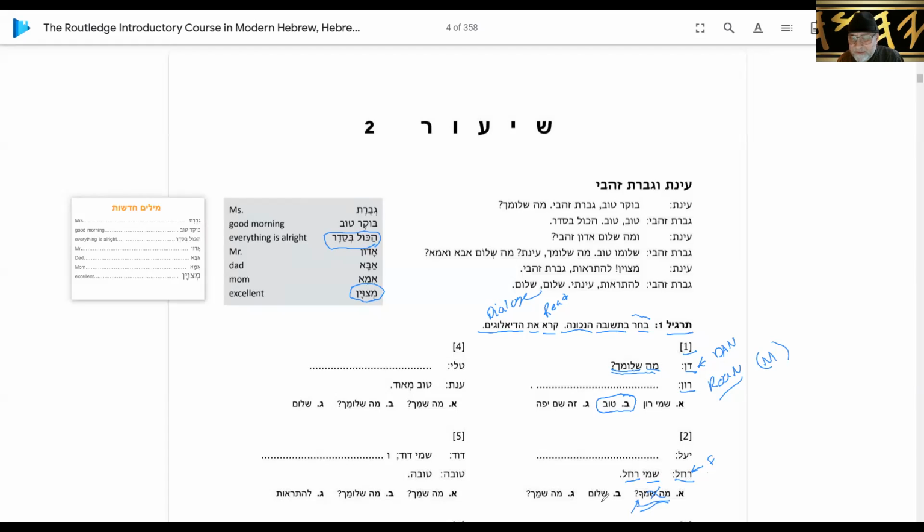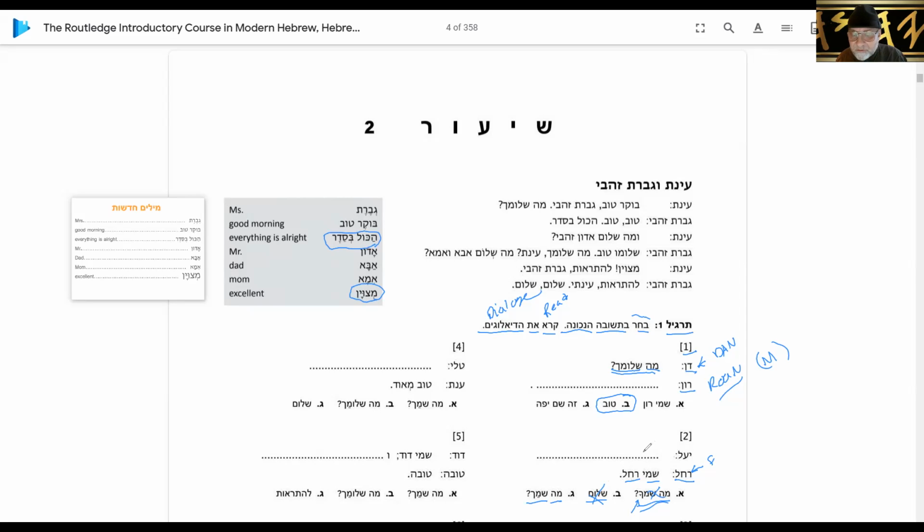It doesn't quite make sense for Yael to say shalom, and then for Raquel to just kind of jump ahead a couple steps and say, Shemi Raquel, my name is Raquel, you know? I don't think that fits. But this one right here looks like it might be a good candidate. Ma Shemech, what is your name?